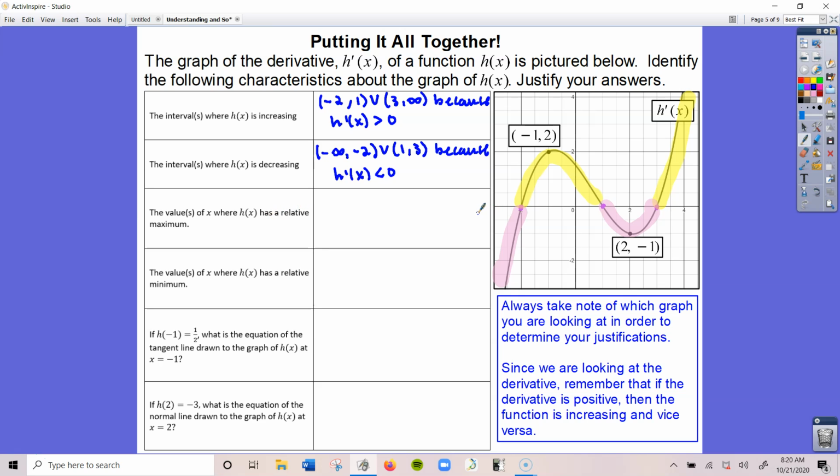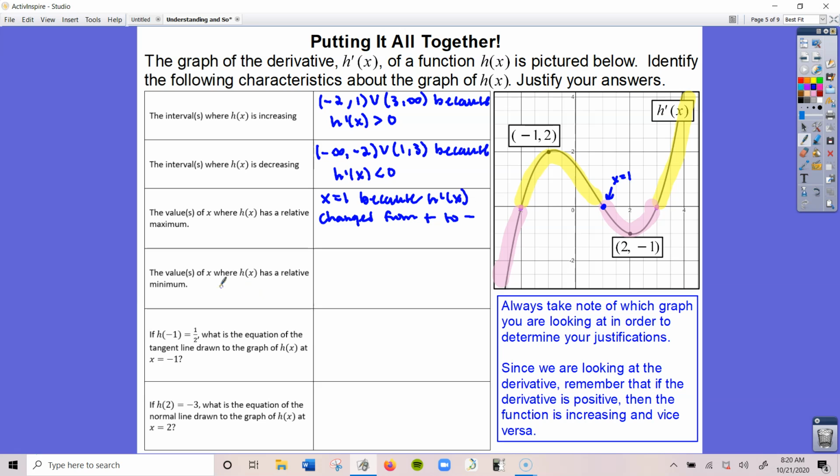So this is when the derivative changes from positive to negative, which only occurs at one spot, which is right here. And this is where x is equal to 1. So h of x has a relative maximum at x is equal to 1, and this is because h prime of x changes from positive to negative.